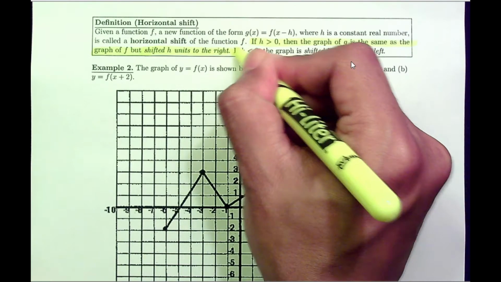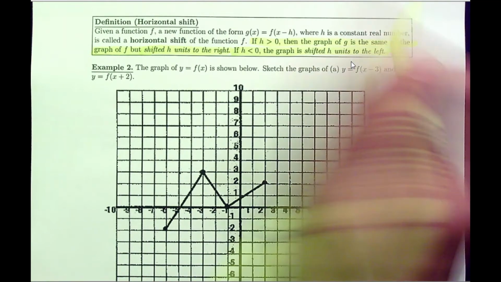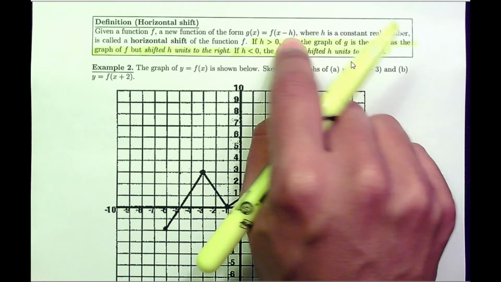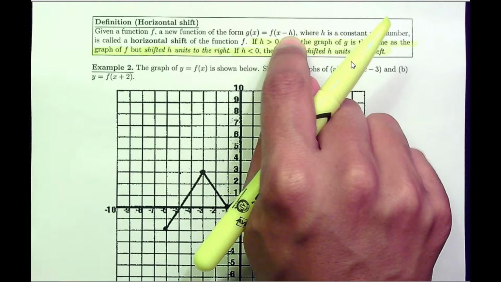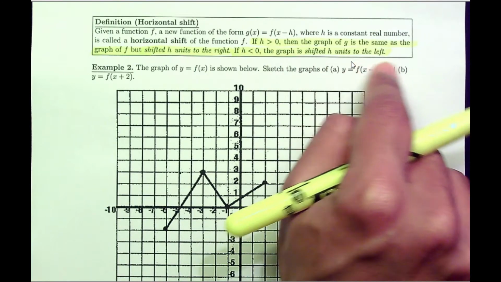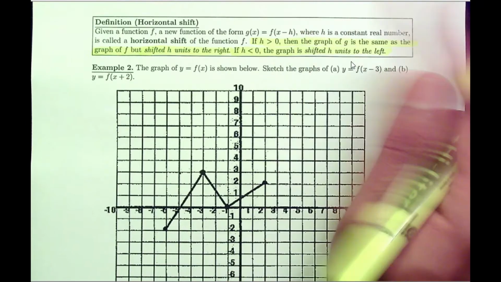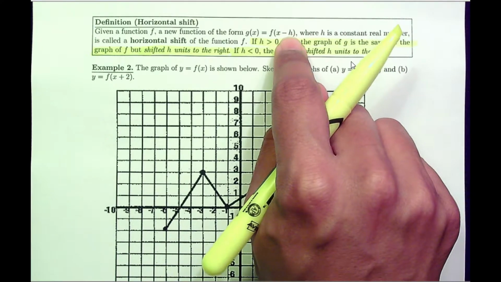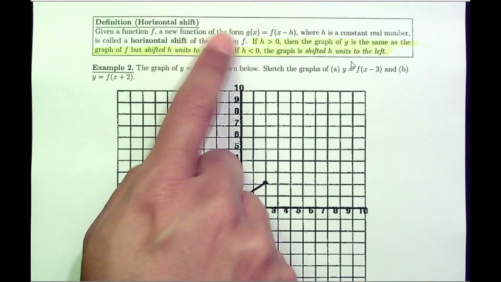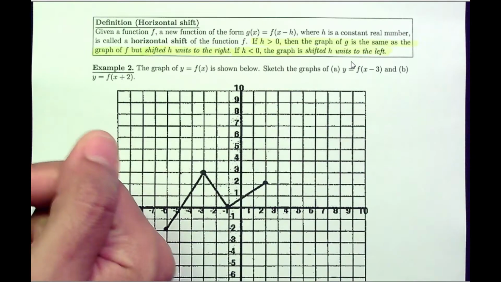So if h is negative, the fact that h is negative combined with this other negative gives a positive, and the whole thing will be positive, so the graph moves to the left. One more time, you have to think of the overall thing. If you have a plus, let's say a +5 inside, the whole thing moves left.